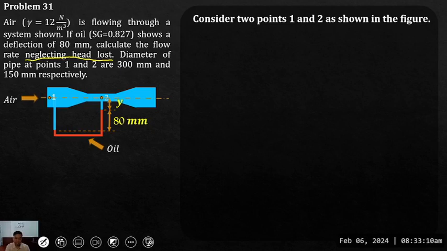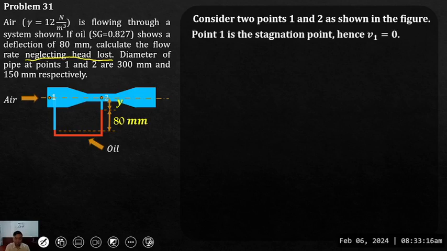And then point 2 naman is yung nasa throat ng Venturi meter natin. Again, ang principle po, we will use Bernoulli energy equation. We will solve for velocity at point 1, velocity at point 2, and we should always take note na sa pitot tube sa pointed end niya, ang value po ng velocity ay 0.